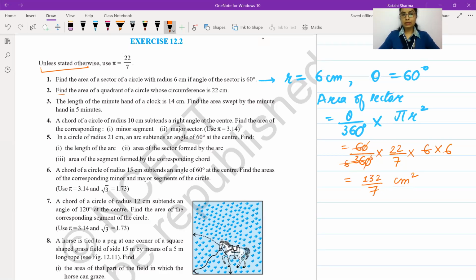Question number 2, find the area of quadrant of circle whose circumference is given. First thing we want to know is when is a quadrant formed? Quadrant कब बनता है?